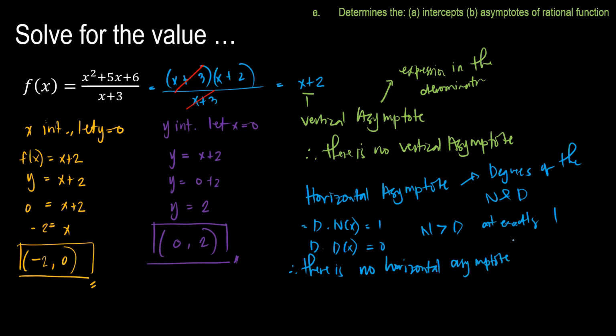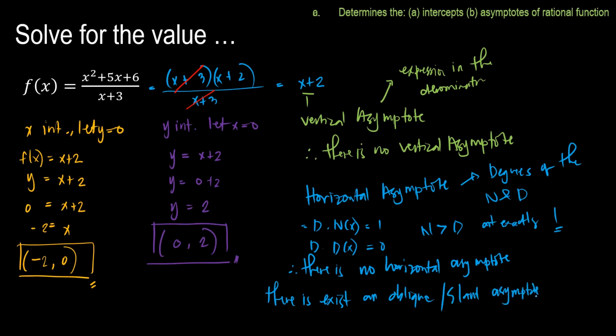Okay, now, kung walang horizontal asymptote, we can check if there is an oblique asymptote. Okay? So, since at least 1 ang nilaki ni numerator kaysa kay denominator, so therefore, there exists an oblique or slant asymptote.